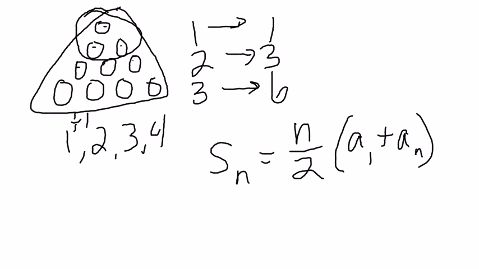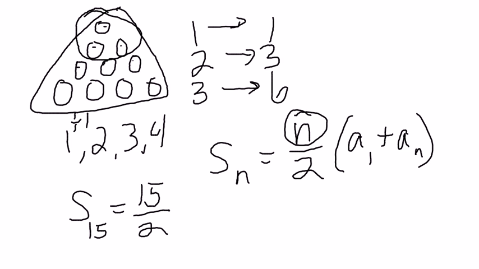So a sub 1 is the initial term, and we want to find the 15th. How many are we going to have with 15 on the bottom? So we just substitute 15 for n. So S of 15 equals 15 over 2, because that's our n right there. We're going to multiply by a sub 1, that's our first term, which is 1.